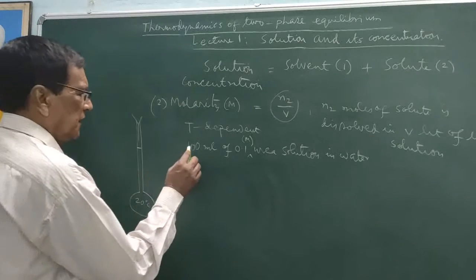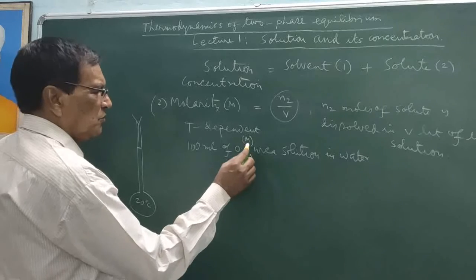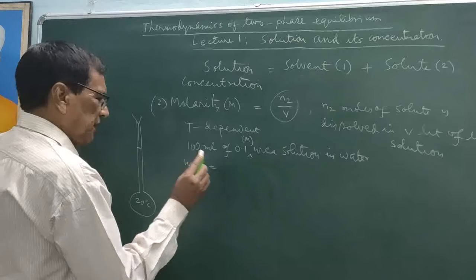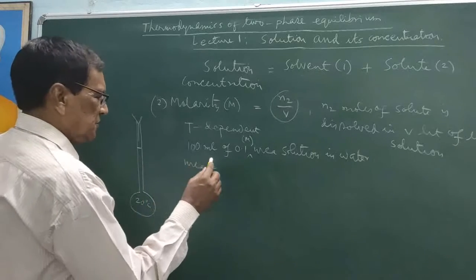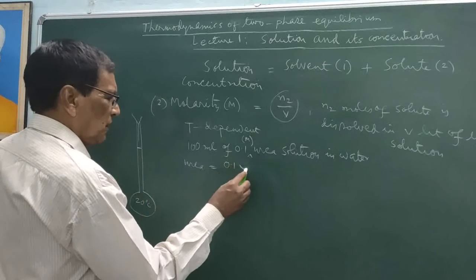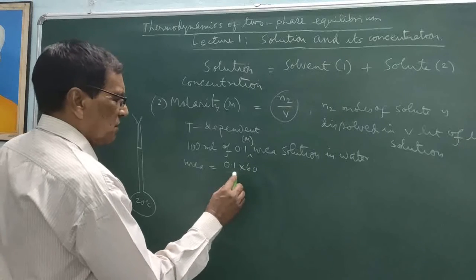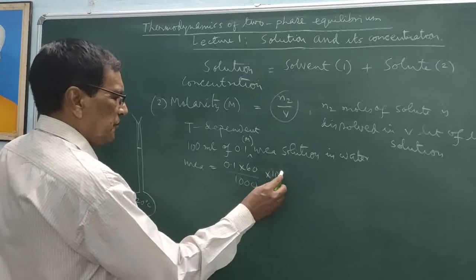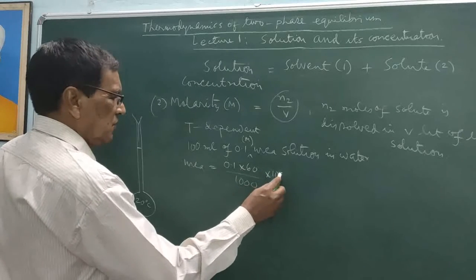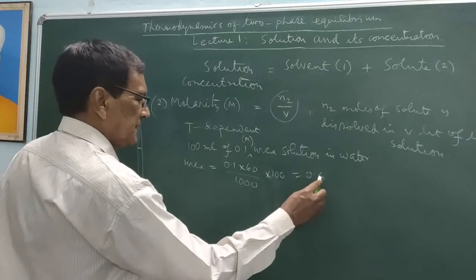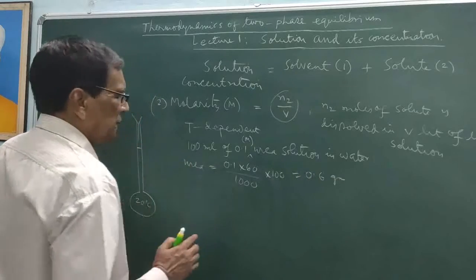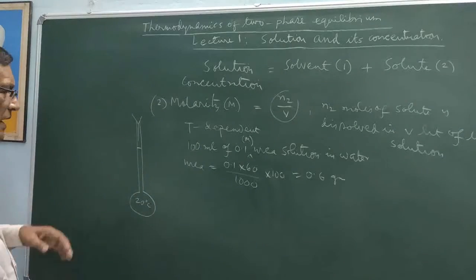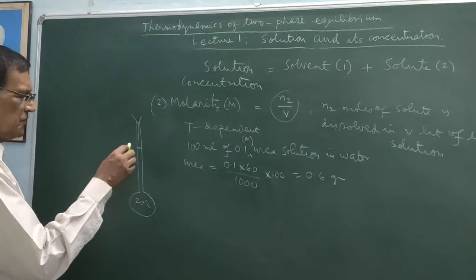For 100 ml of 0.1 molar urea solution, urea required is 0.1 into 60, where 60 is the molar mass of urea, divided by 1000 into 100, which is equal to 0.6 gram. So 0.6 gram of urea is to be taken and dissolved in 100 ml of the solution.